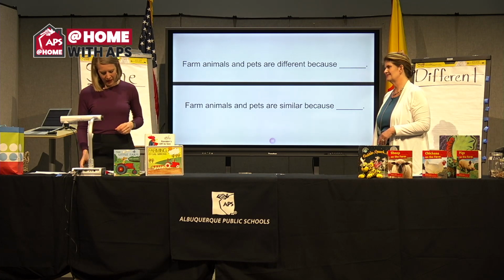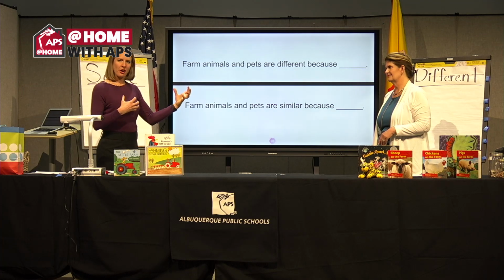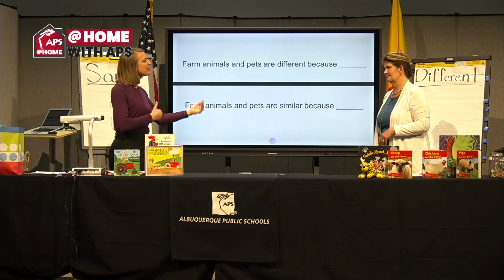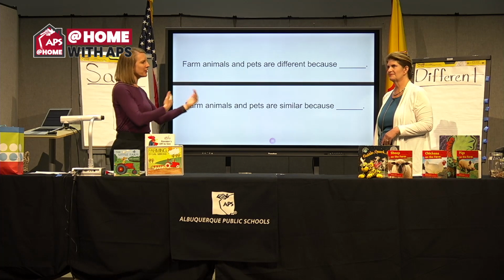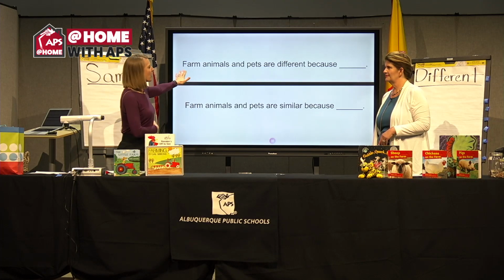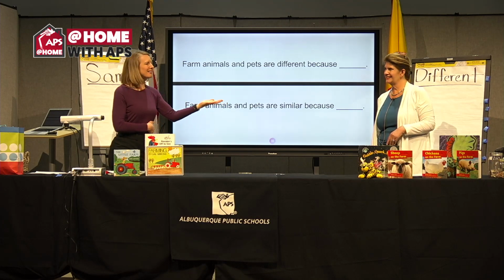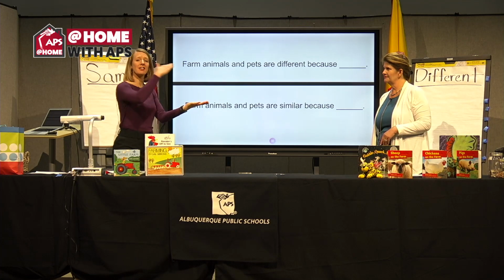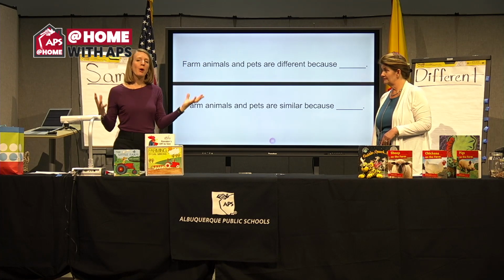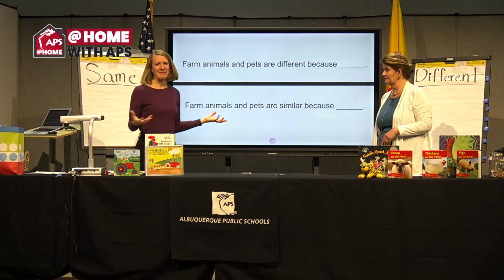So let's go ahead and build on this conversation with each other. That's actually the goal of today's activity, to build conversation with each other on our ideas. I might say one thing about farm animals and pets, and then Miss Mary might say something else, building on top of that idea further and further to help both build our knowledge base of farm animals and pets.